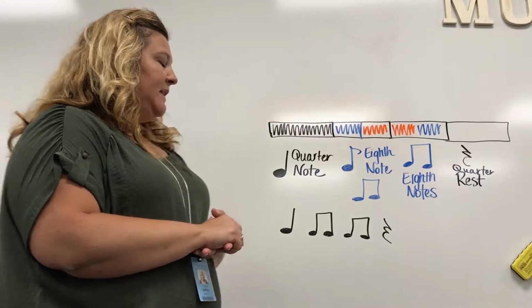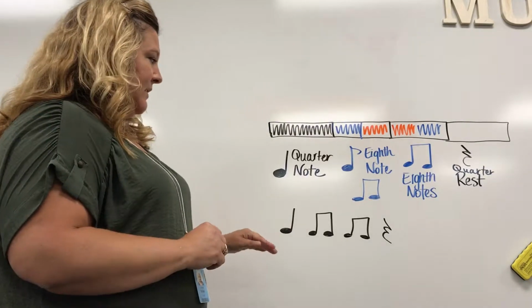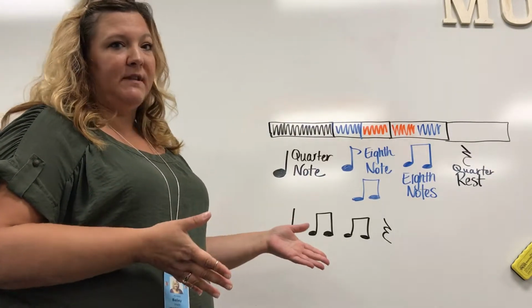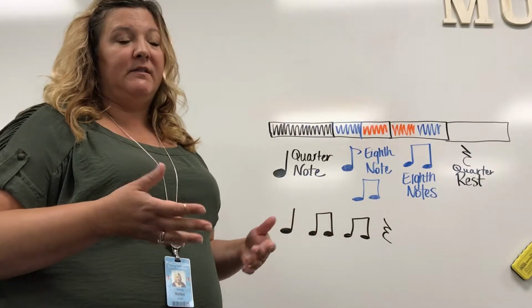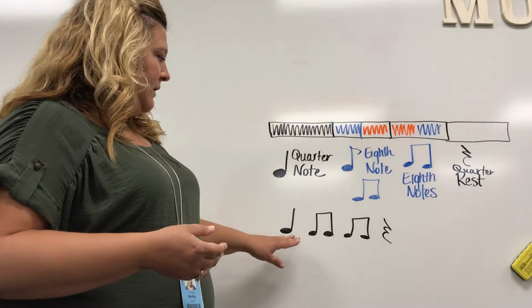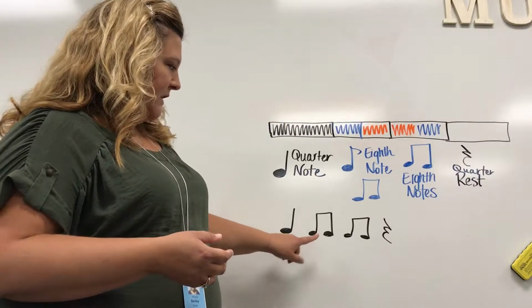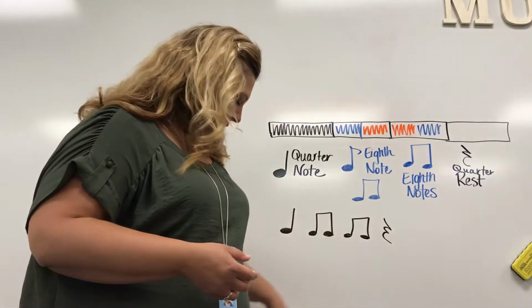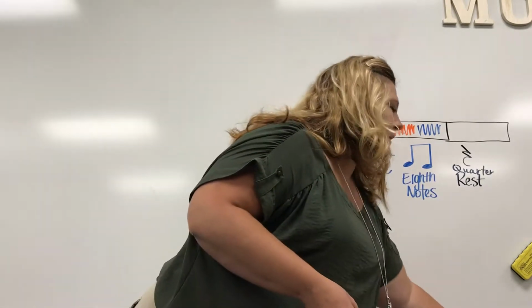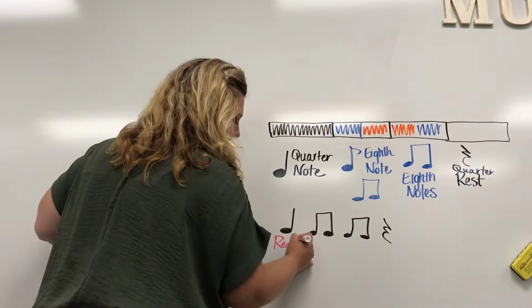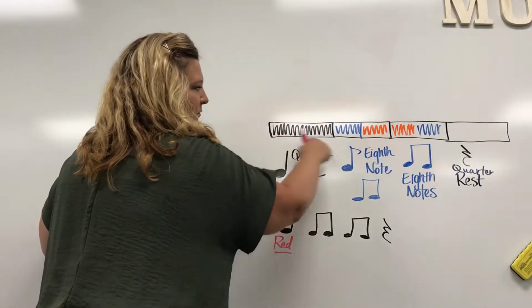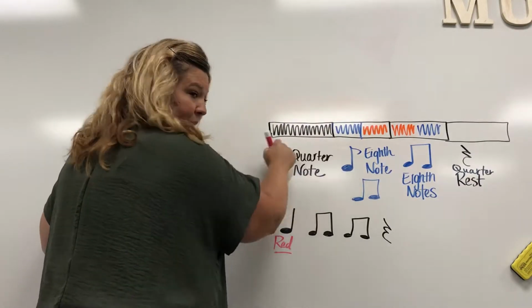I can clap it like this, okay? I am going to use words that will help us to accomplish this, and I always use colors because they're easy. We're going to name these reds, and we're going to name these yellows, and we're going to name these blues, okay? And the reason I do that is because red has one sound per beat, and a quarter note gets one sound per beat.